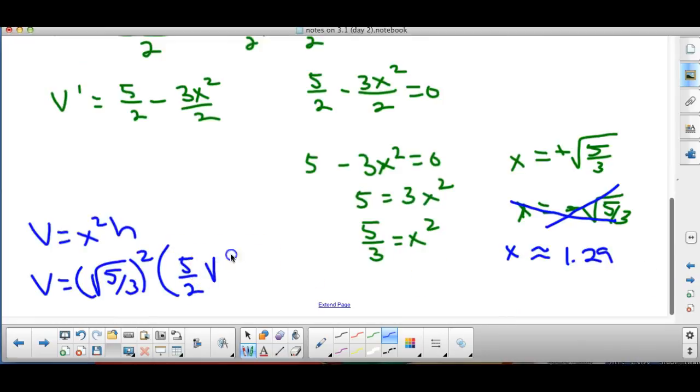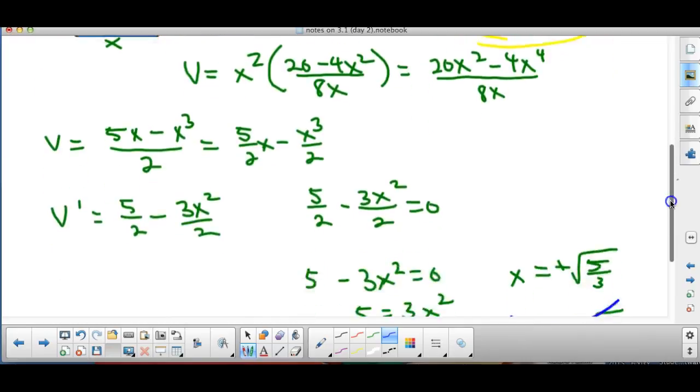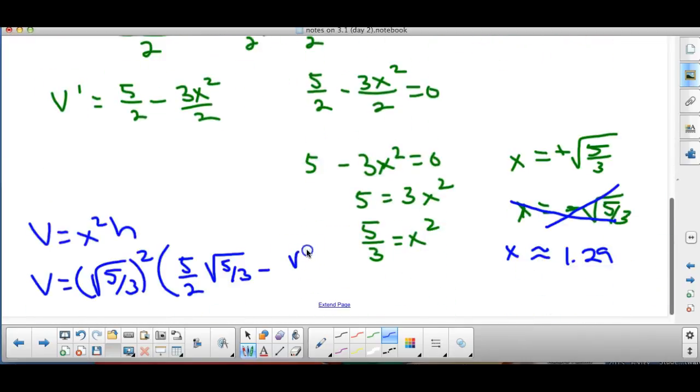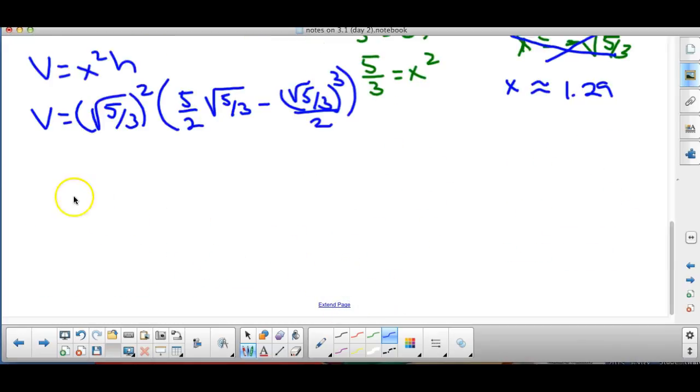And remember x was the square root of 5/3. That's the calculation we would need to do to get the volume.